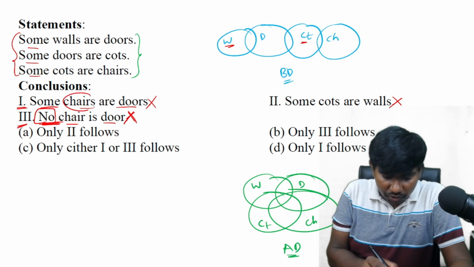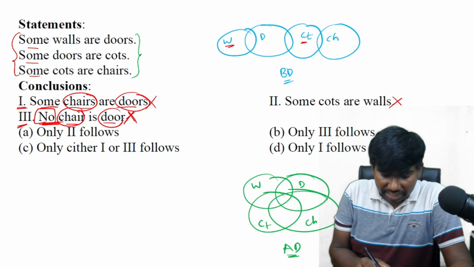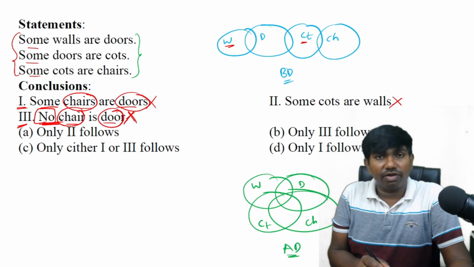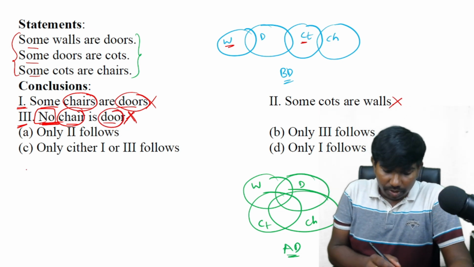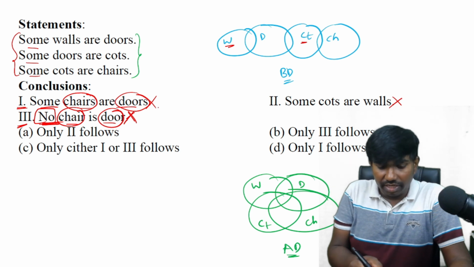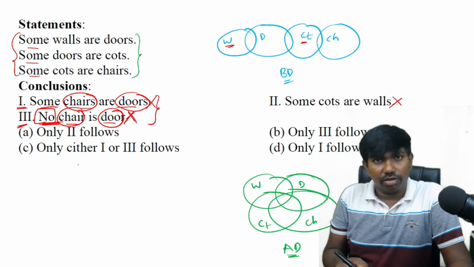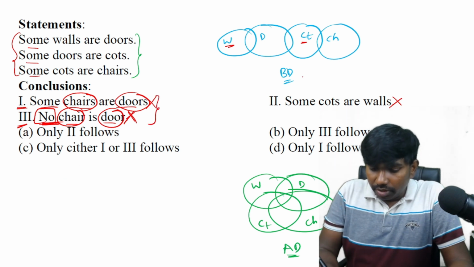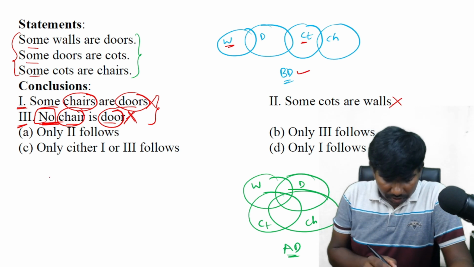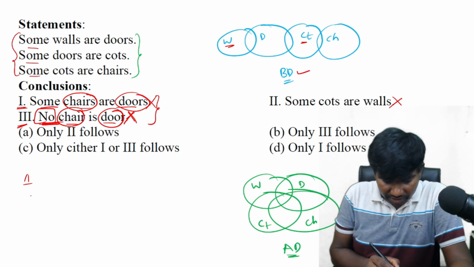Conclusion 1 and 3, if you observe, chair and door, here also chair and door, the same pair of elements are there, right? So if the same pair of elements are there, then we have to extend our concept like this. In the basic diagram, let me check first and third.